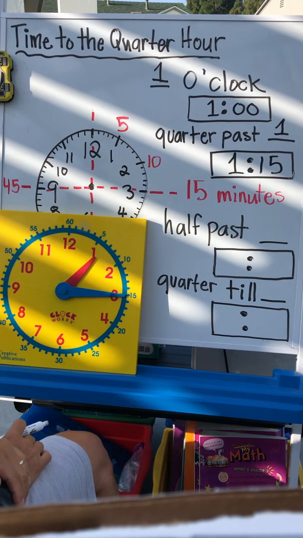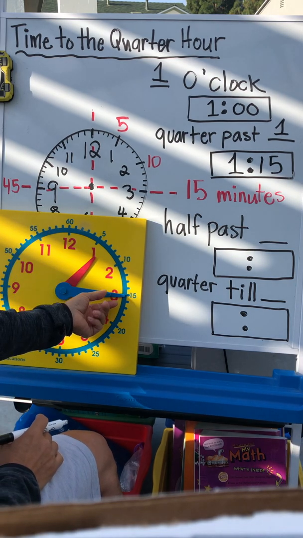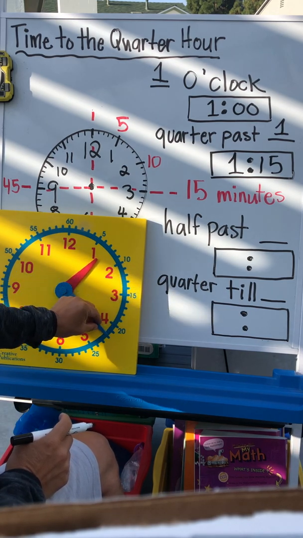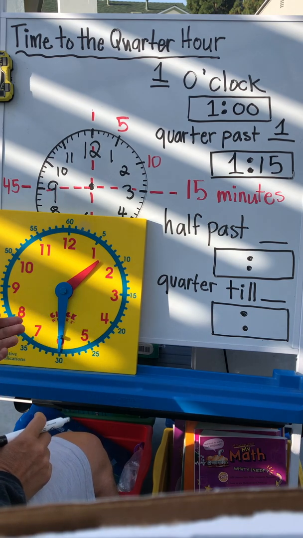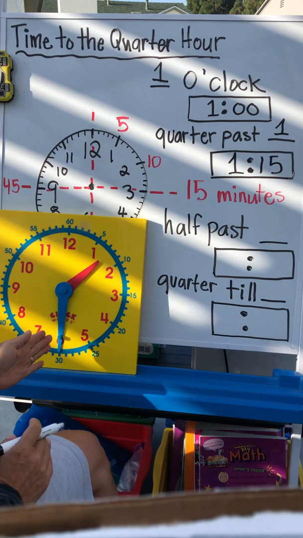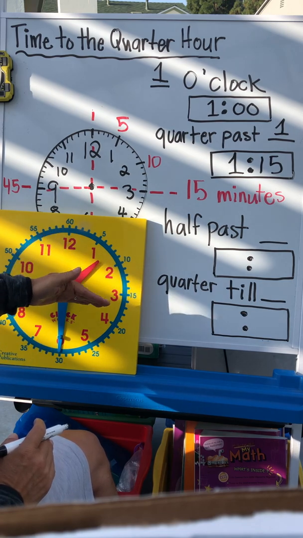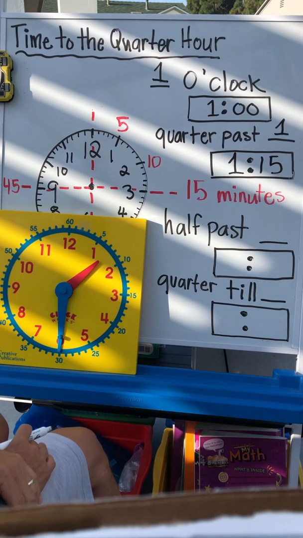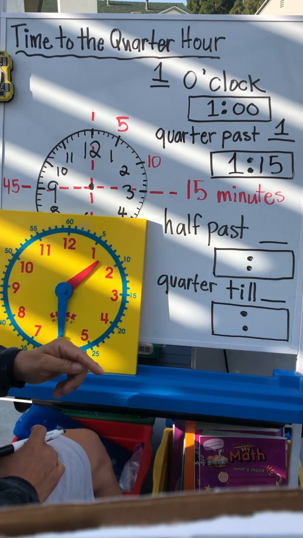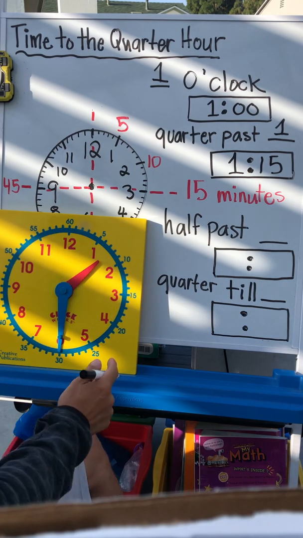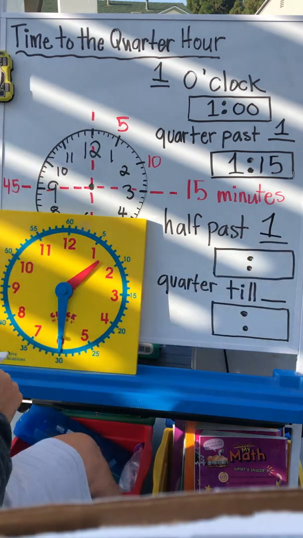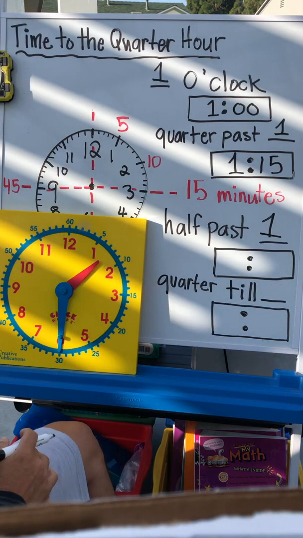Now let's say, in our next example, that we move another quarter. So if we move 1 more quarter, that means 15 minutes. We're going to go 5, 10, 15 minutes. Okay? So now the minute hand moved halfway past 1. So right now, when someone asks, what time is it? Well, we say it's half past 1. Okay. But how do we write the time?